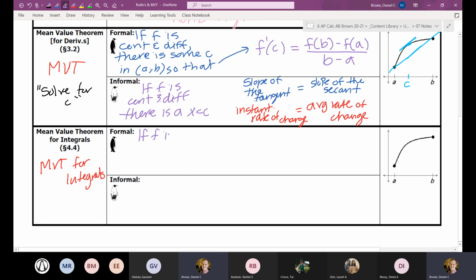So we have, if f is continuous, it doesn't require it to be differentiable, there is some c in the interval from a to b so that, and then we have our equation. The equation we're using for the mean value theorem for integrals is going to be the function itself, so f of c, not the derivative, is equal to the average value of the function.